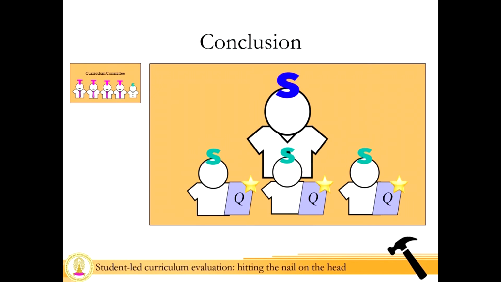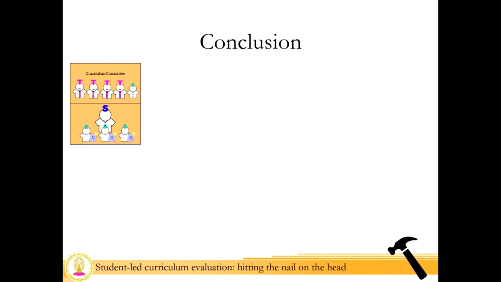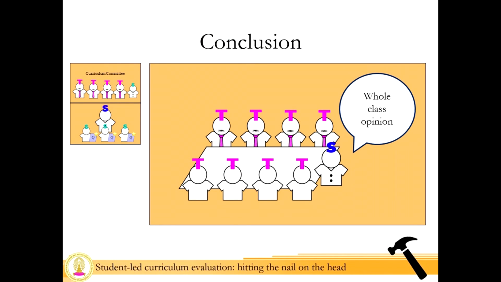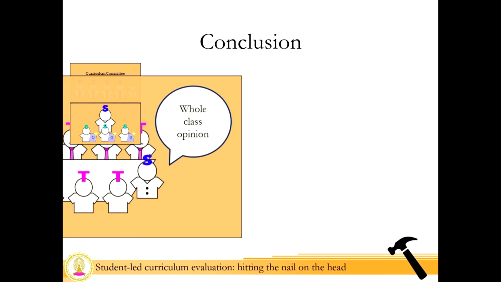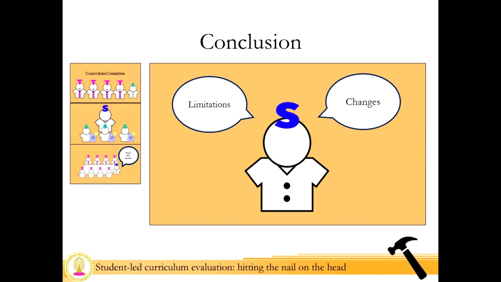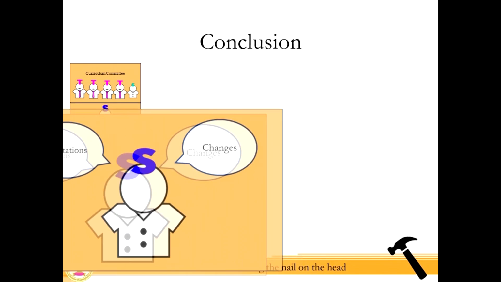Second, students conducted curriculum evaluation by themselves. Third, the results were presented to the curriculum committees. Fourth, students learned about the future development, which resulted from their feedback, and also the issues that will remain unchanged along with the reasons.